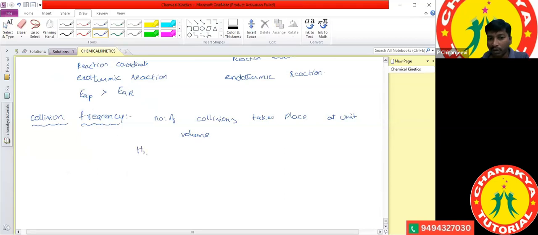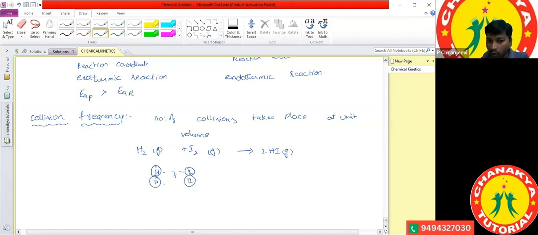We take 1 mole of hydrogen gas and 1 mole of iodine gas. When the hydrogen and iodine collide together, they form 2 moles of hydrogen iodide gas. We can explain this in 2 ways. Here one hydrogen atom, one hydrogen atom, and one iodine atom, one iodine atom.